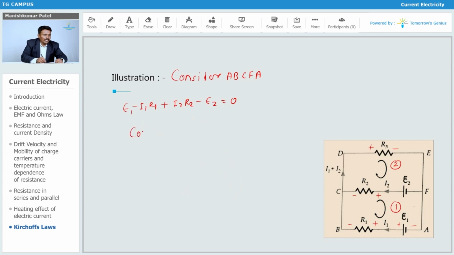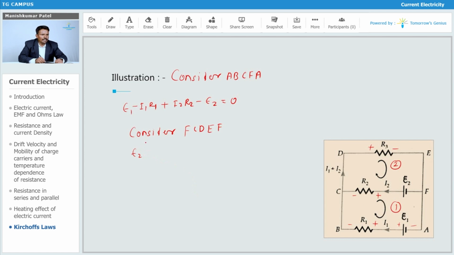Now similarly write it down for the other loop. Consider the second loop, F, C, D, E and F. This is your E2, then minus I2 R2. You can go in any direction.